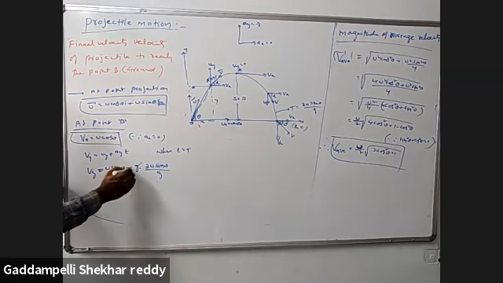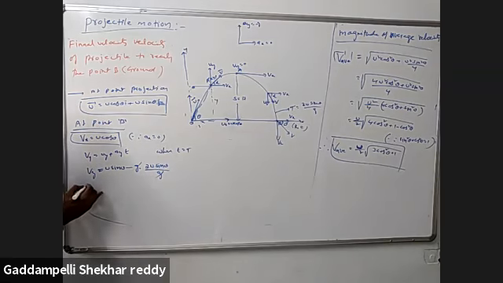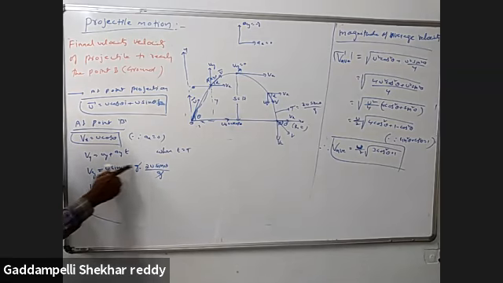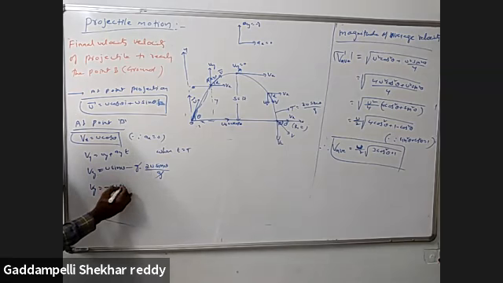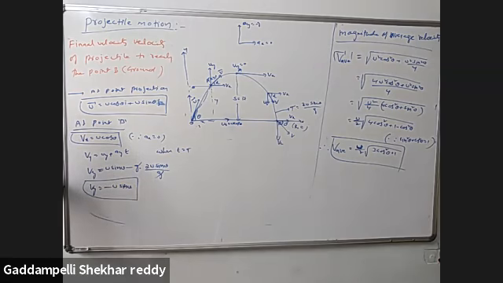So here g gets cancelled. Vy is u sin theta minus 2u sin theta, that means minus u sin theta along the vertical direction.